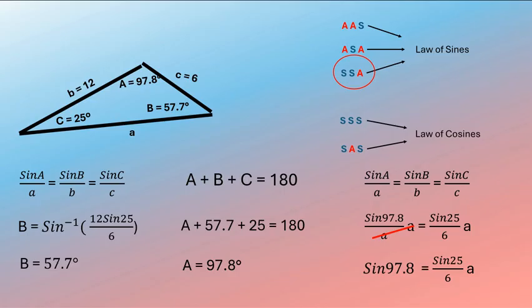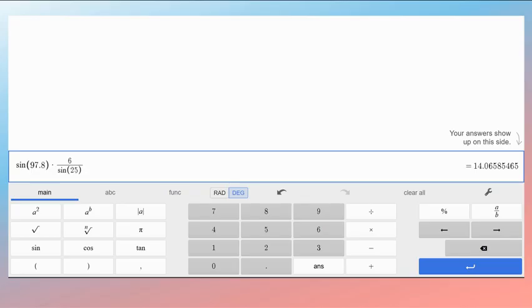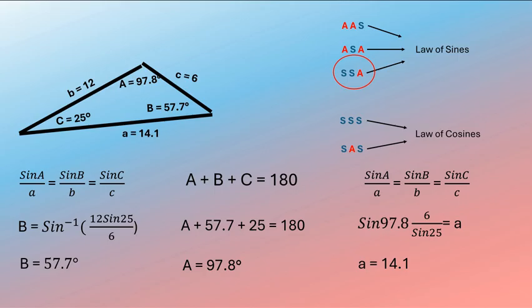You get that right there. And then we need to multiply by the reciprocal of this fraction to get rid of it. So that cancels out. So we get A is equal to all of that, which we can put into a calculator. So we put it into Desmos. Get 14.1 when we round it. And so that is the missing side.